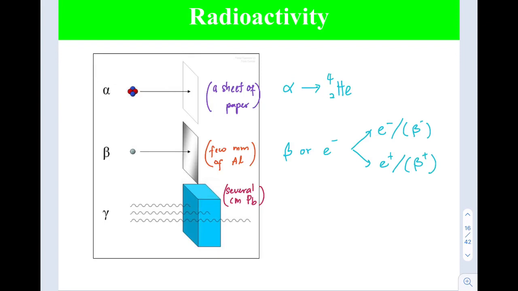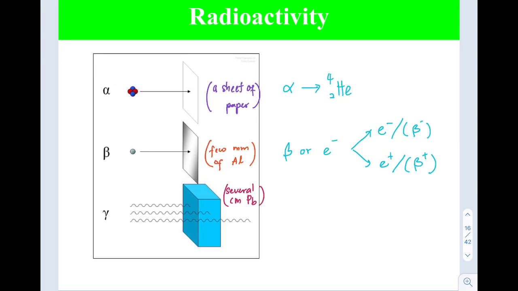Between these two, the amount of charge is the same, which is one elementary charge, 1.6 times 10 to the power of negative 19 coulomb. The only difference between the negatron and the positron is the type of charge. This one is negatively charged, and this one is positively charged.